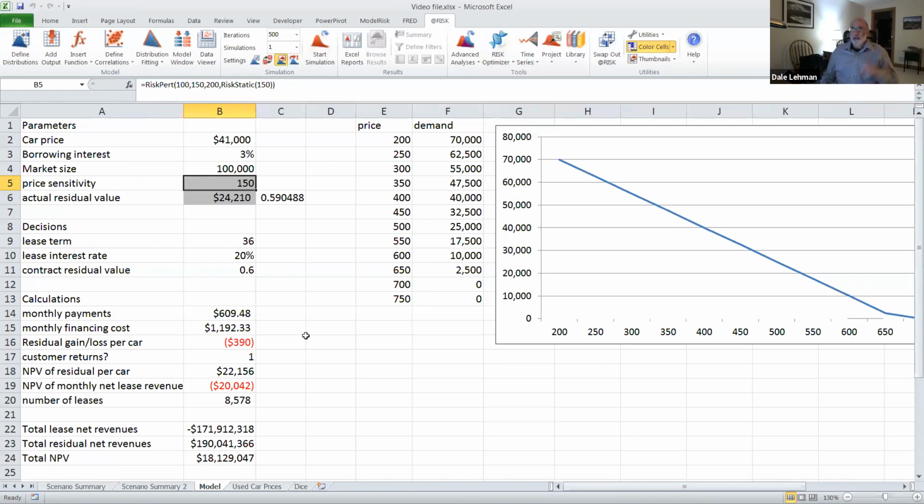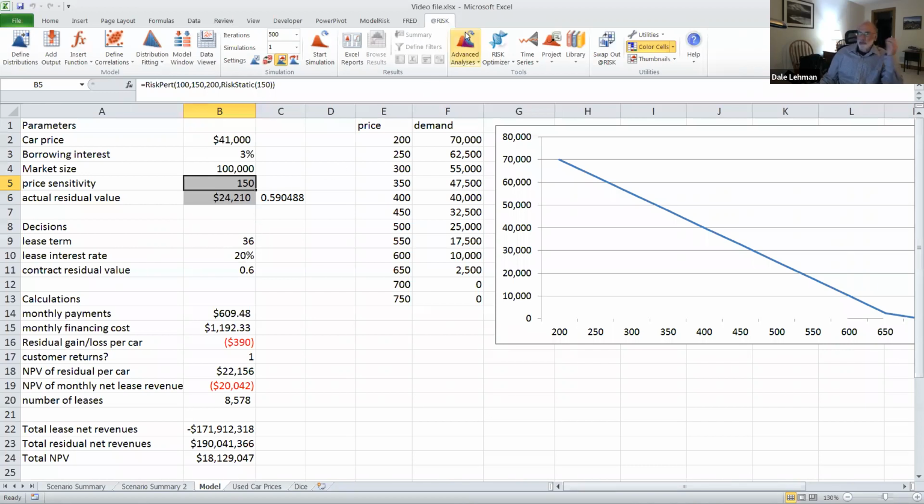So I've got two different kinds of uncertainty I put into here. I put in an uncertainty based on a probability distribution based on a relative frequency that something happened, looking at the actual data. And I had a subjective judgment about how likely different price sensitivity values are, anywhere between 100 and 200, with 150 being the most likely.